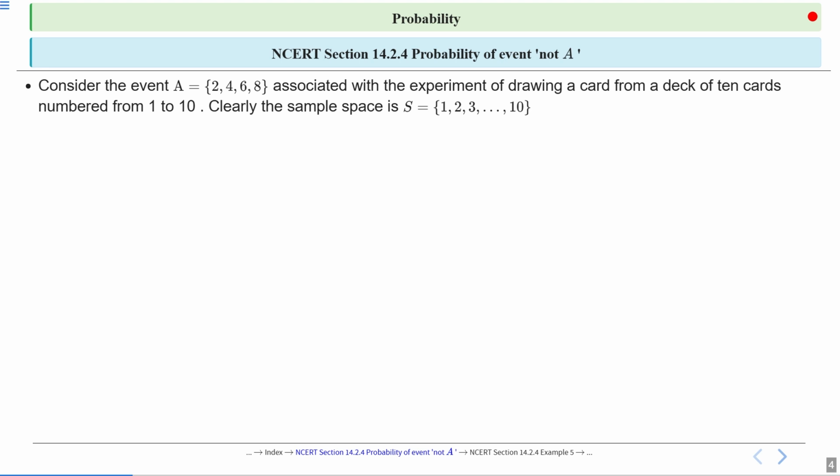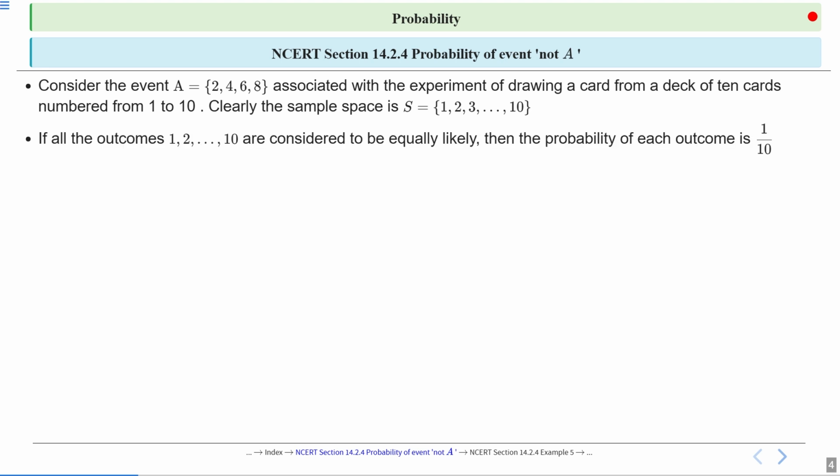And suppose all the outcomes 1, 2, 3, 4 up to 10 are considered to be equally likely. The previous day we also discussed what equally likely means: when each outcome has an equal chance to occur, the outcomes are called equally likely.